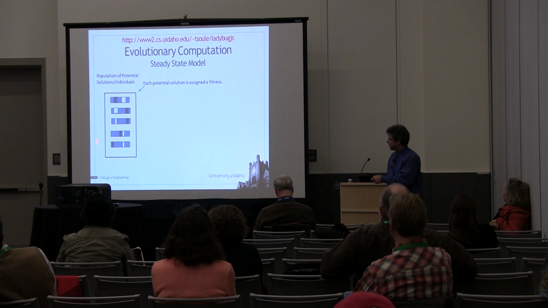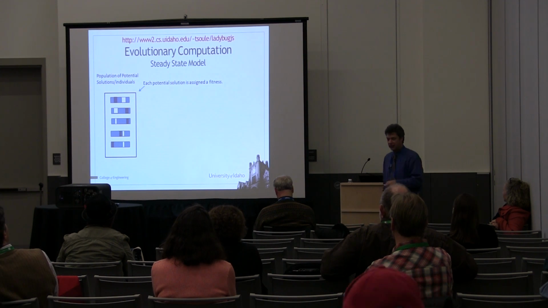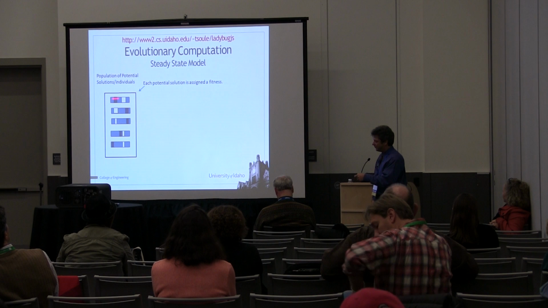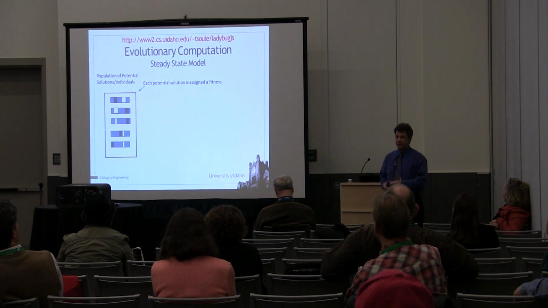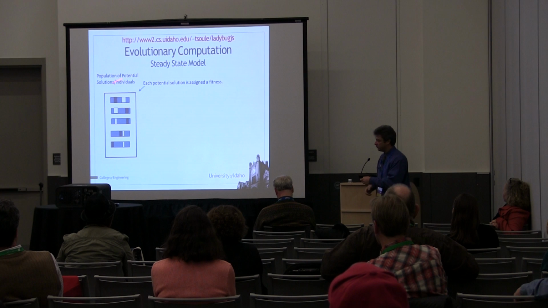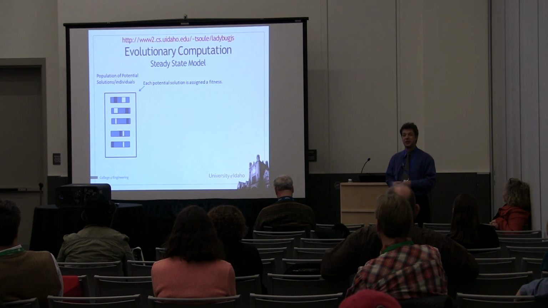So we sort of think of ourselves as starting with a population, like I say, of potential solutions. So here I've drawn 5 just using colors, but really we might have 500 or 5,000, or if you've got a lot of computing power, 50,000 potential solutions to some problem.